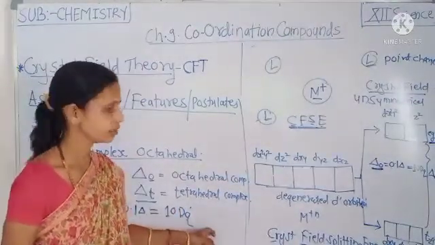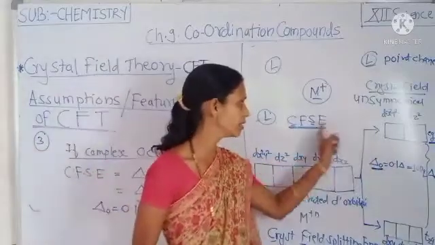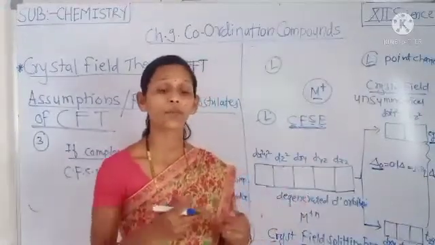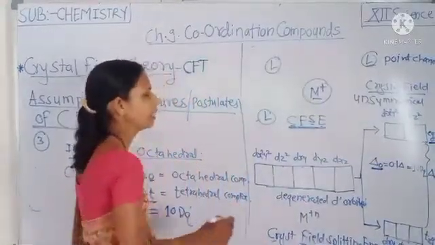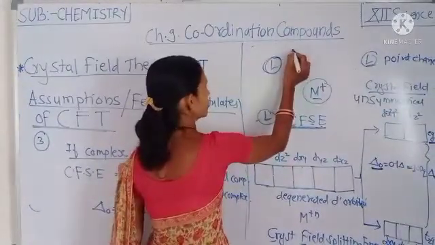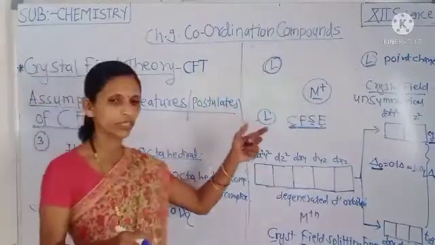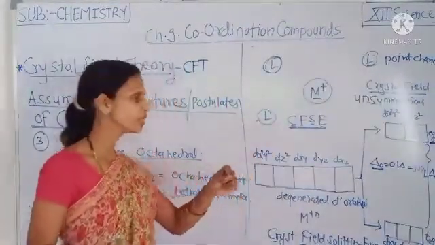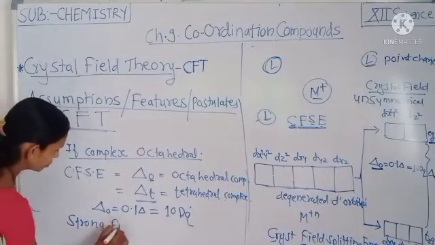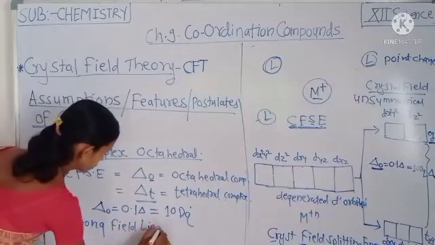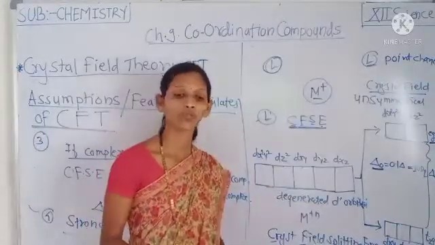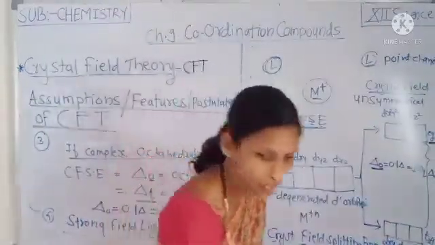The value of the crystal field splitting energy depends upon the strength of the ligand approaching the metal ion. For example, when the strength of the ligand is more, such ligands are known as strong field ligands. Then how do we identify the strength of ligands?